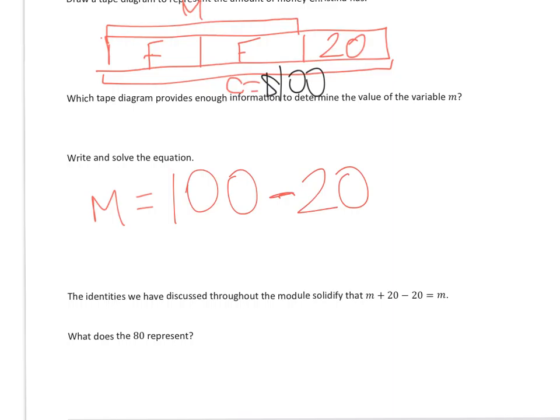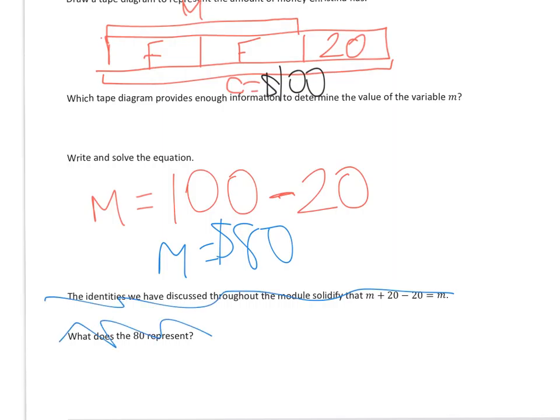So we already have M by itself, so now we just need to finish the steps on this side. So M equals $80. And once again, we're not going to sweat about this part today.